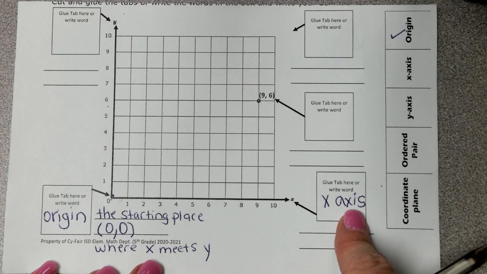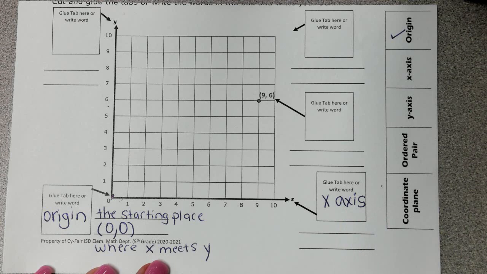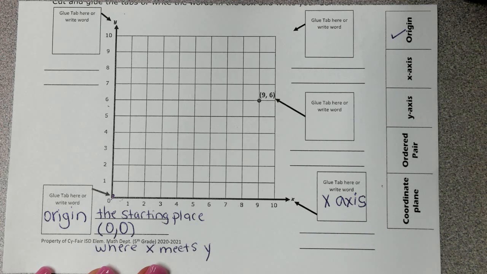You might have heard that when you talk about a globe or the earth having that imaginary line that goes through the center of the earth. Ms. Delancey probably talked to you about how earth spins on its axis, right? That means this imaginary straight line. Isn't this also kind of an imaginary straight line? So we use the same word, axis. It's the same kind of word that you use when you talk about Earth's rotation in science.